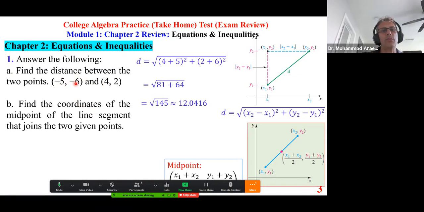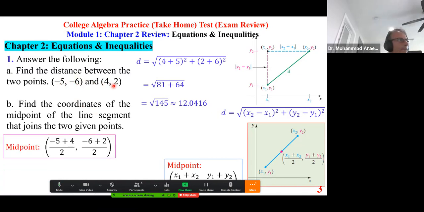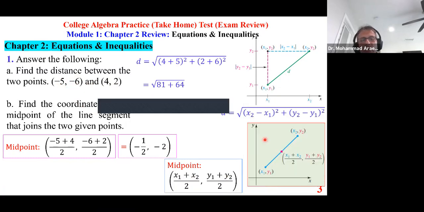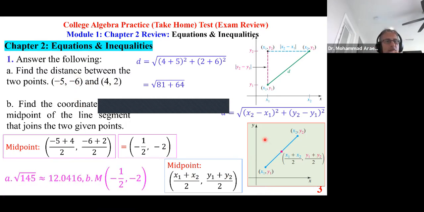For the y, I add up -6 and 2 divided by 2. All right, so here are the formulas, and of course these are the answers you had seen already. So for part A and for part B, very straightforward.